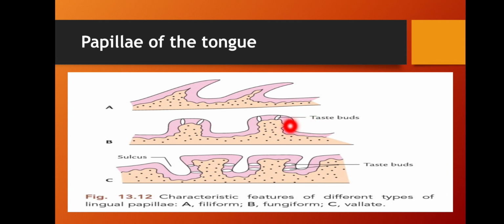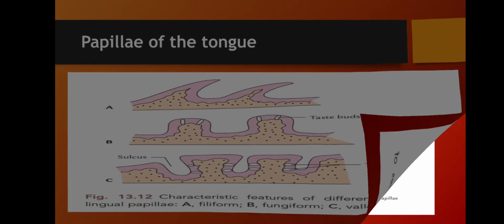You can also see that the fungiform papillae also contain taste buds, but this is the filiform papillae. The filiform papillae do not contain any sort of taste buds. So this is an important point you should mention in your examination. So this is about the papillae of the tongue.